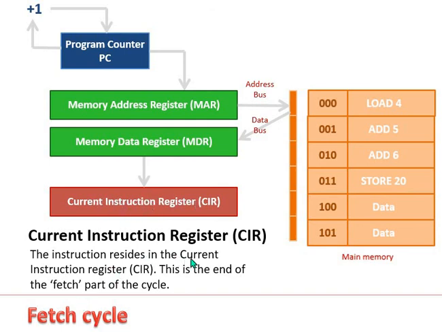The instruction resides in the current instruction register. This is the end of the fetch part of the cycle. We are done with the fetch stage of the fetch execute cycle, because the first instruction is now going to be decoded.